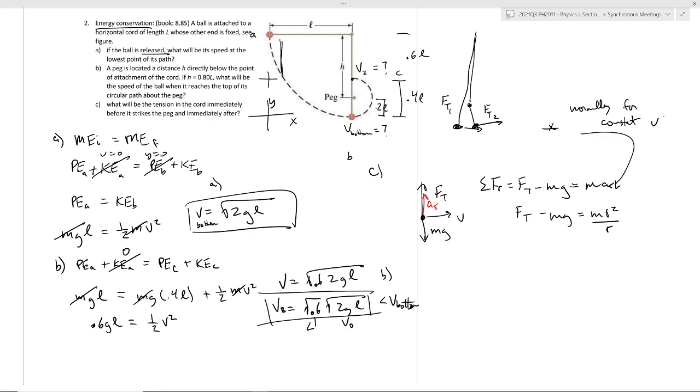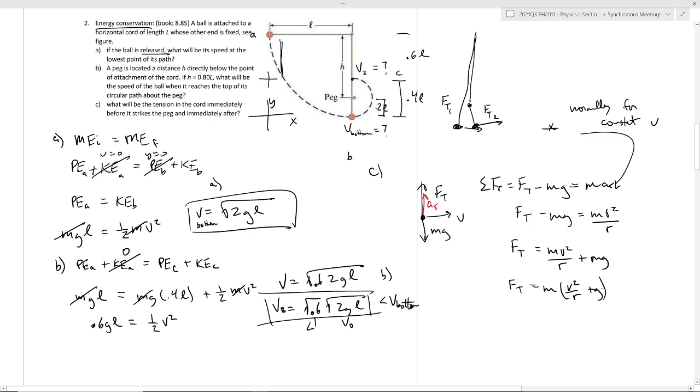So this gives us a way to compute the tension in terms of the weight and the radius and the speed. And so we have mv squared over r plus mg, or maybe we could consolidate this down a little bit, and it would be m times v squared over r plus g.